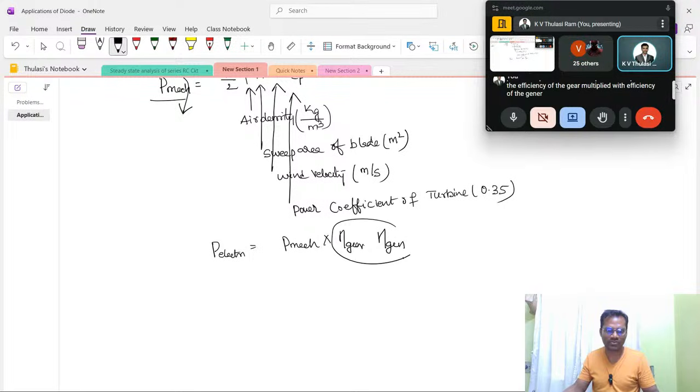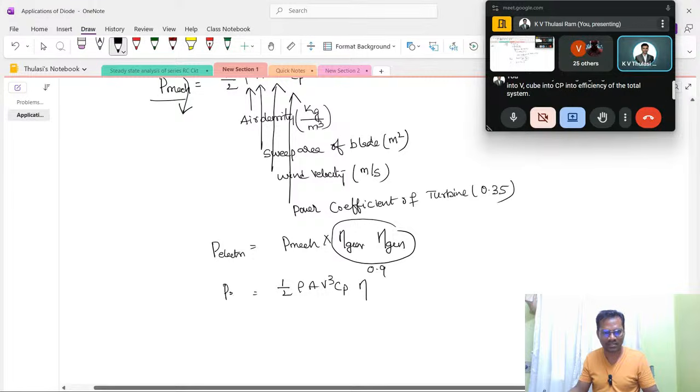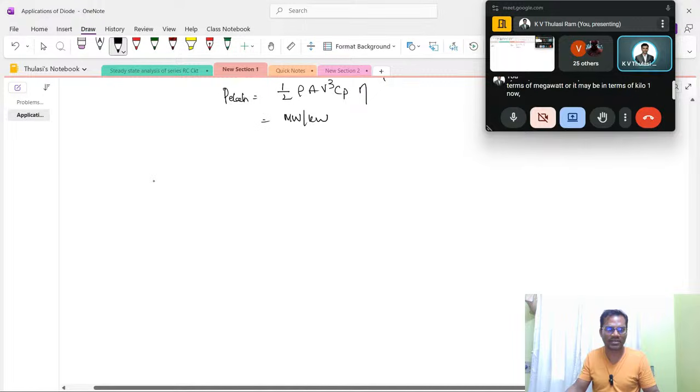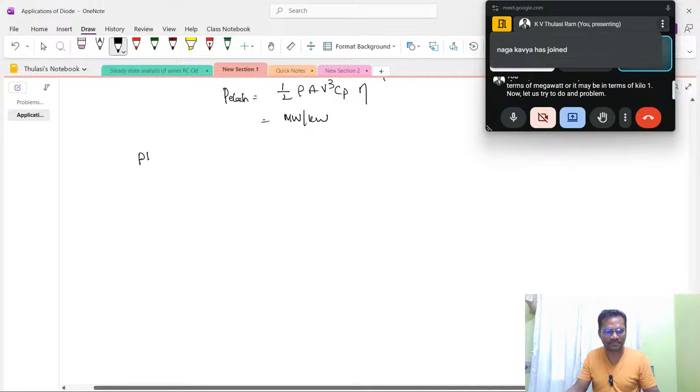These two I can treat as the efficiency of the gearbox and generator, which is 0.2. Therefore you get half into rho A into V cube into Cp into efficiency of the total system, which is the electrical power, and this may be in terms of megawatt or kilowatt.